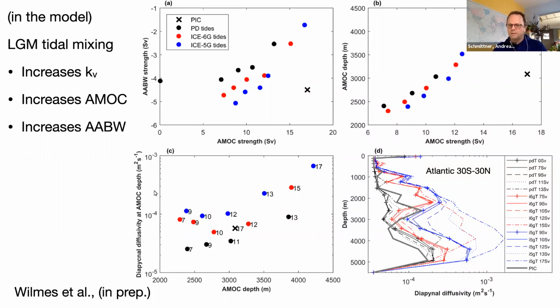And previous papers, like there's a paper from Ferrari, have suggested that due to the shoaling of the AMOC in the LGM, you essentially move away from the bottom and you move away from high rates of mixing. And that then leads to more isolation between Antarctic bottom water and North Atlantic deep water, through that vertical shift. And that could have implications for increased carbon storage in the LGM, for example.